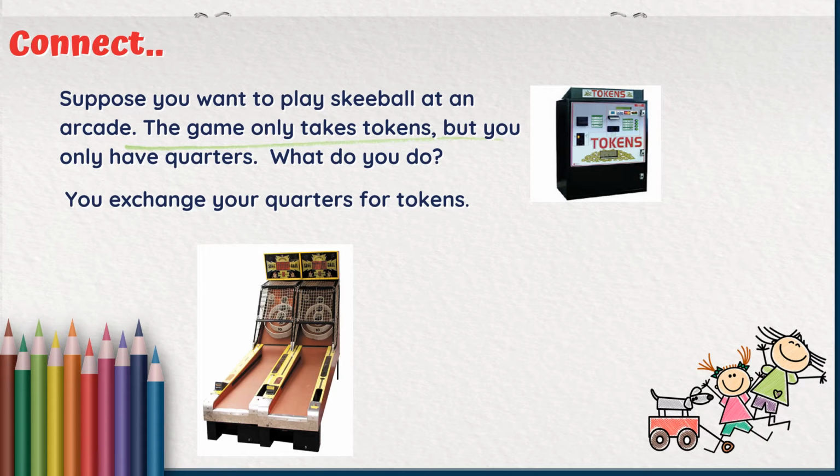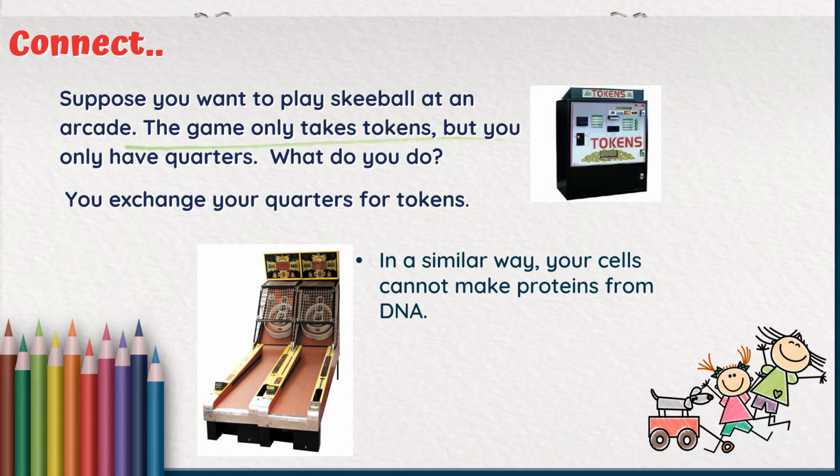To better understand how transcription happens, suppose you want to play skee-ball at an arcade. The game only takes tokens, but you only have quarters. What do you do? Of course, you exchange your quarters for tokens. In a similar way, your cells cannot make proteins from DNA.